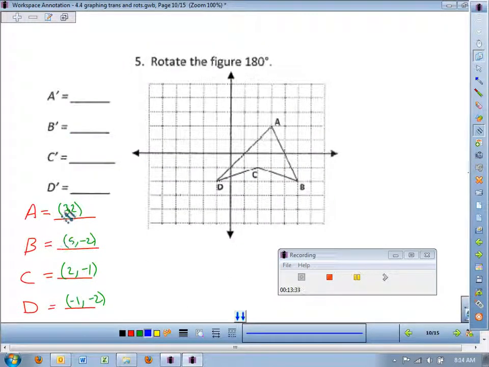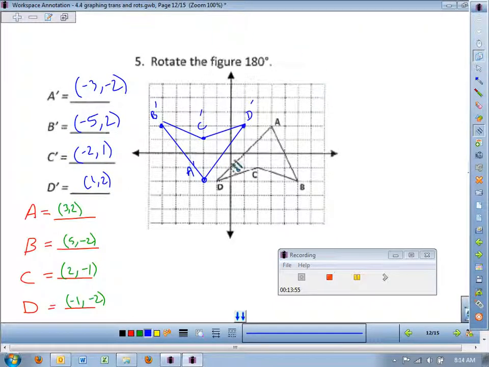Just figure out where your new primes are by using the rule for rotating 180 degrees by just changing both signs. So when you do that, you should pause the video and do that. And you should have got that for an answer. Check them real quick and graph them. And it looks like that thing rotated a half turn around the origin. So rotate 180 degrees counterclockwise.